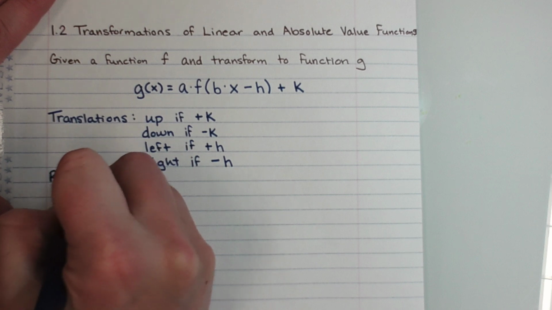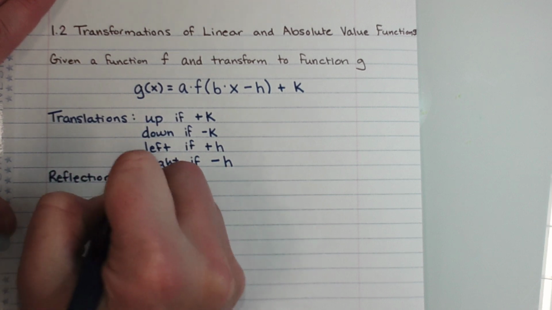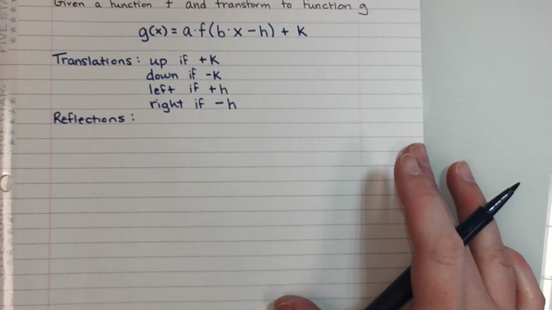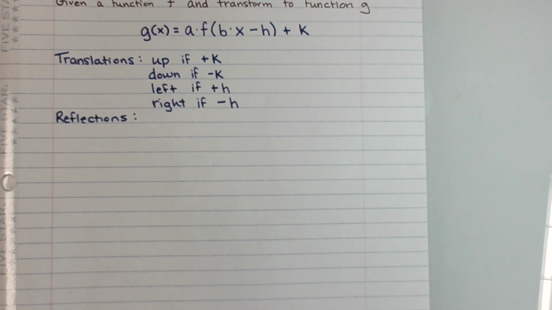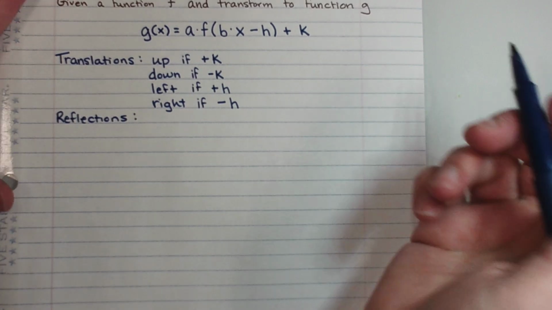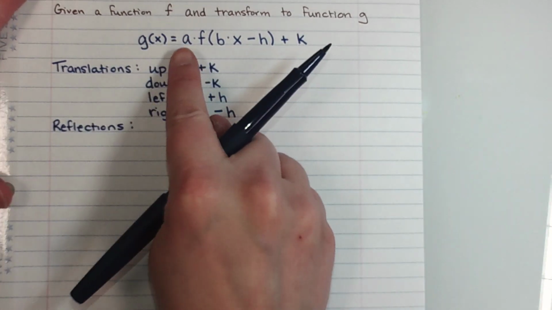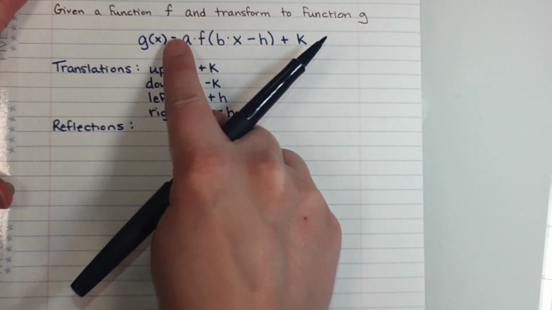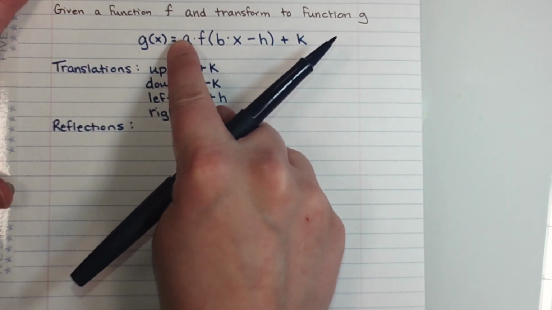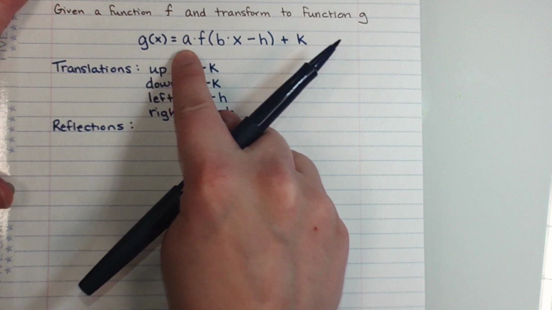Reflections. How did we make something reflect, or flip over? Put a negative in front of it, multiplied by a negative. So in this case, it was either putting the negative in the very front, so it has to do with the a, or putting it directly in front of the x, which is the b.